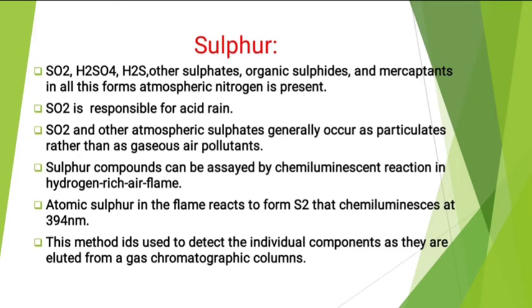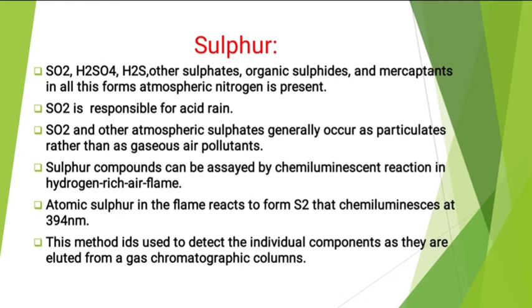In all these forms atmospheric sulfur is present. SO2 is responsible for acid rain. Obviously, nitric acid is also responsible for acid rain, but initially we are studying only sulfur components.